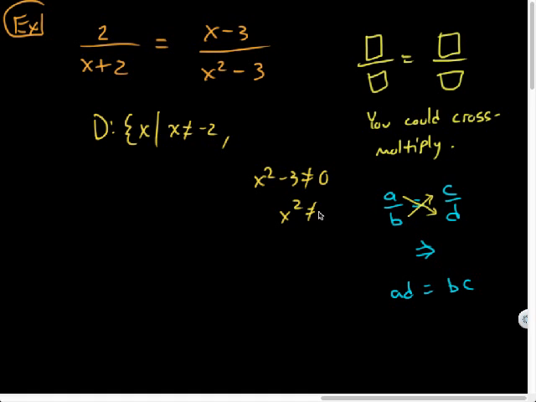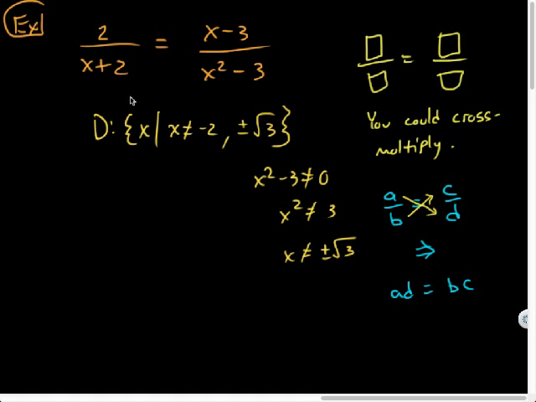X squared cannot equal 3. X cannot equal plus or minus the square root of 3. All right. So I just want to point out that we've got some restricted domain values. So if I get one of those solutions, they'll be like, you're extraneous. Can't fool me. That's what I would tell it if I had to.